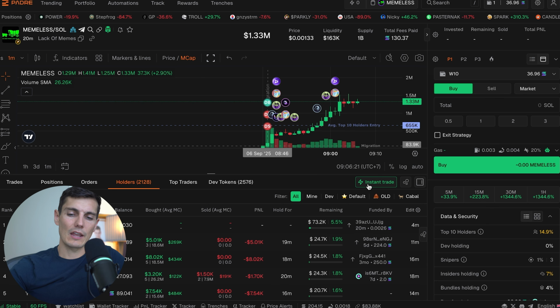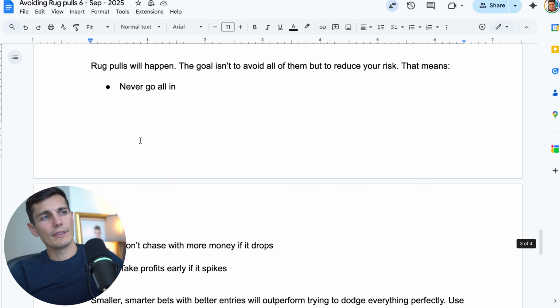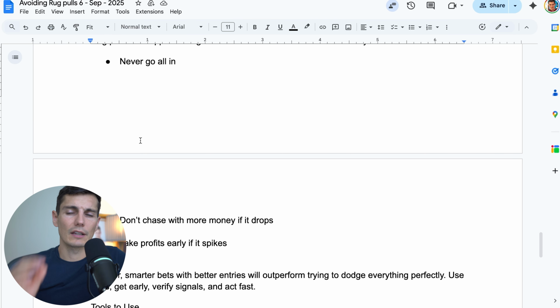Let's say you want to invest 2 Solana into a coin. First invest 0.5. And then you can invest 0.5 again. And if it dips, you put one more Sol and take profit when it spikes. Don't try to time the perfect 20x or 100x. I've been guilty of that. I want a 1K or 10K PNL. Take profit even if you are at 8K.